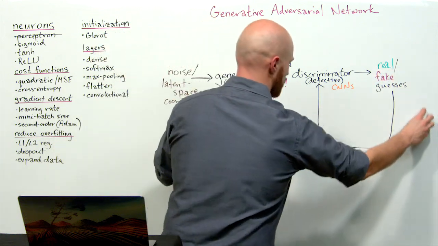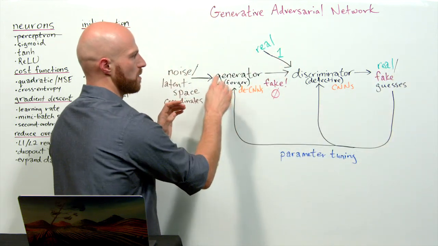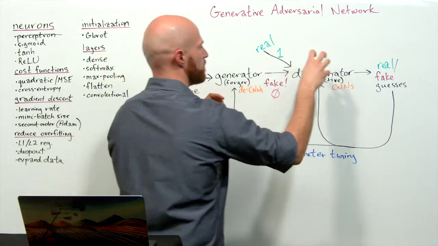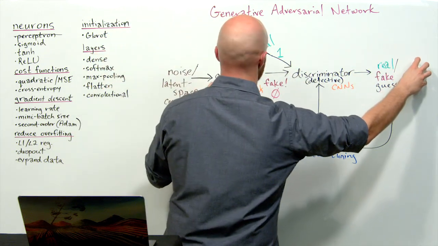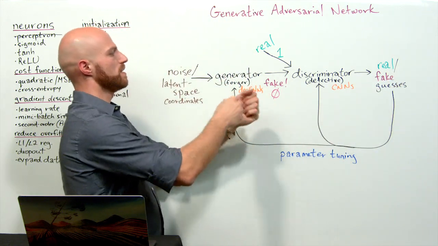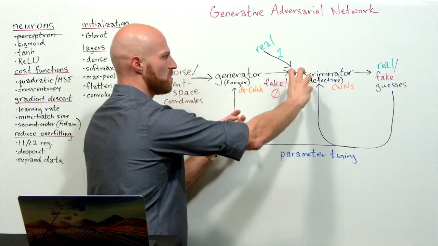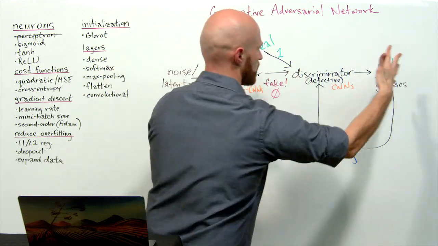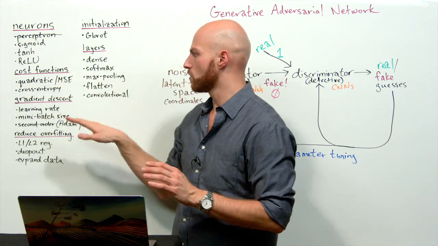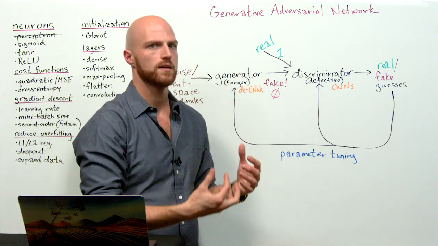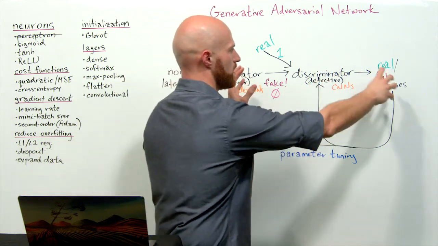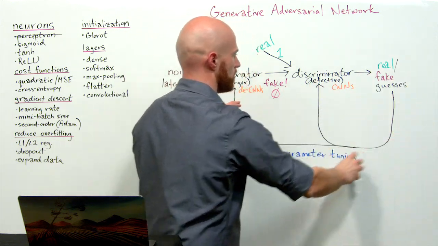And so then we have this other parameter tuning step where we're tuning the generator. The discriminator weights are frozen, we pass in fake images, label them as real, and then ask the generator to minimize the cost between these fake images being input, labeled as real. We're using the cost function and the gradient descent to shrink the difference between these fake images that we're labeling as real.